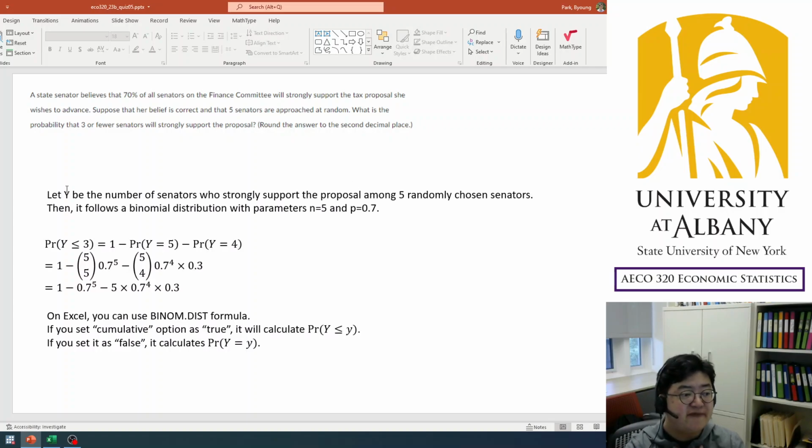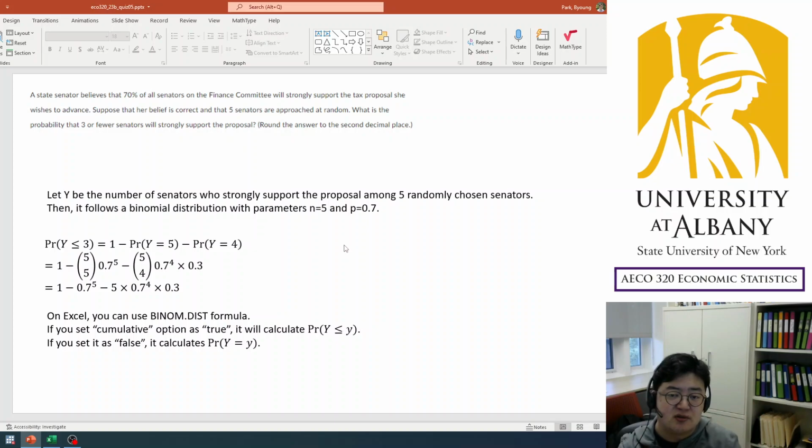I'm going to define Y as the number of senators who strongly support the proposal when 5 senators are randomly chosen. You ask 5 random senators, and Y is the number of senators who strongly support the proposal. In this case, the parameters are 5. When you randomly choose a senator and ask about her opinion, that is one experiment, whether she supports or not.